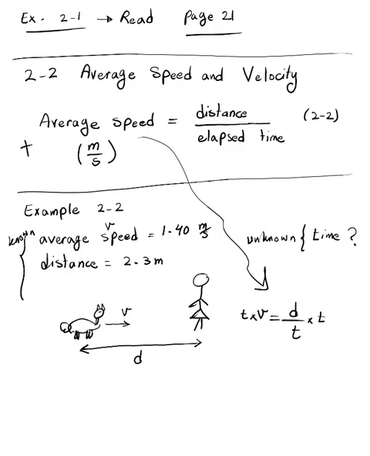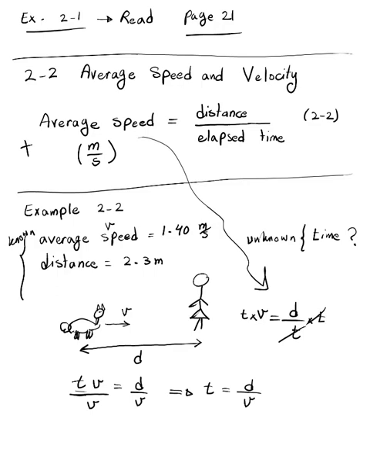If I do that, then I get t v equals d, right? Because these two cancel. And because I want to find t, I need to have t alone on the left-hand side. So I'm going to divide both sides of the equation by v. Then my time is distance divided by the average speed.